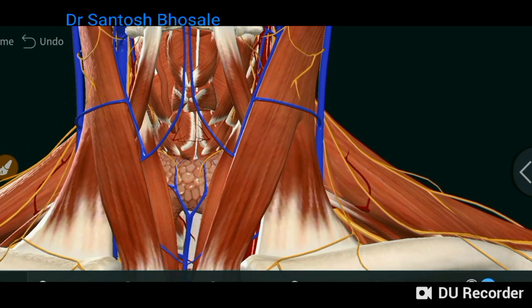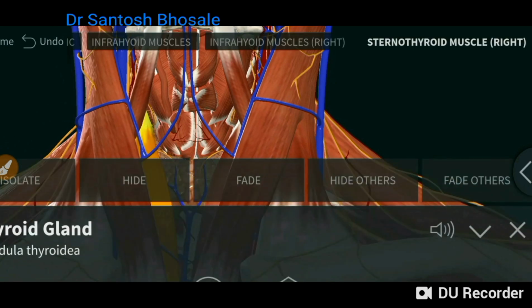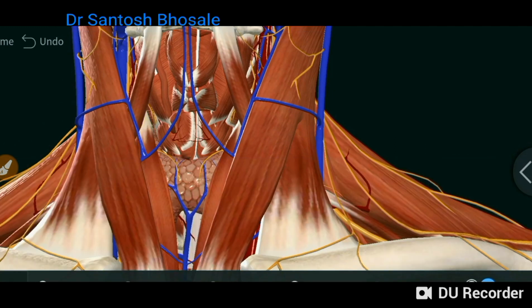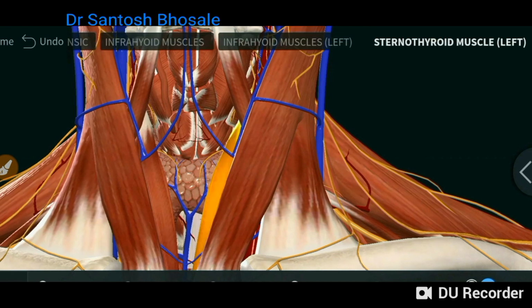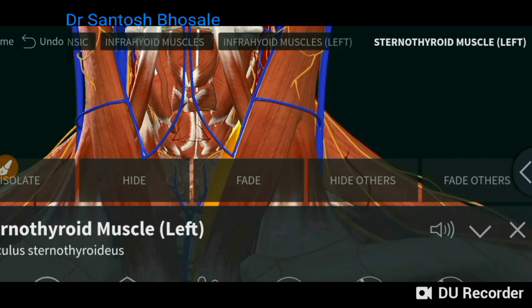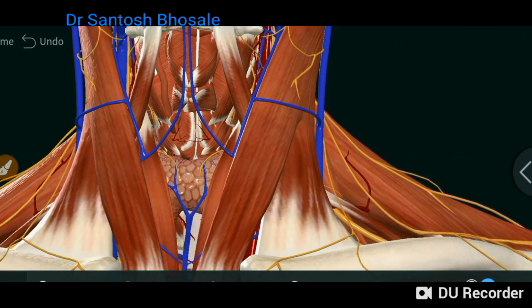You can see there. And when you take out the muscular contents of the muscular triangle, you can explore the thyroid gland. So the muscular triangle by itself doesn't have any significant structure, but beneath it you can explore the thyroid gland. That is the sternothyroid muscle coming from the body of the manubrium sterni below sternohyoid.